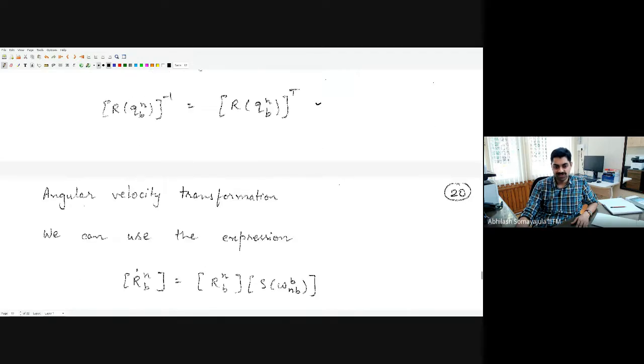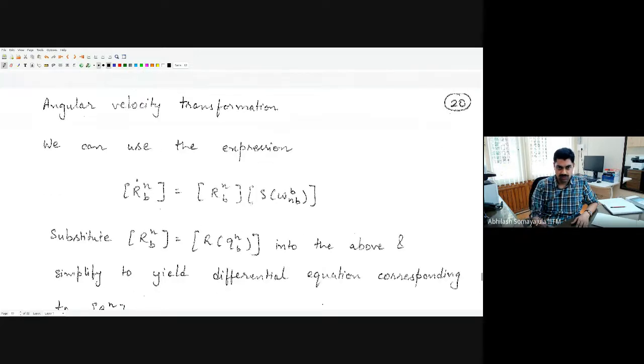Now, the more interesting aspect which one needs to discuss is the angular velocities transformation. Remember that we talked about this in one of the previous classes, that if I take a derivative of the rotation matrix, I get the rotation matrix times the skew symmetric matrix with respect to omega.